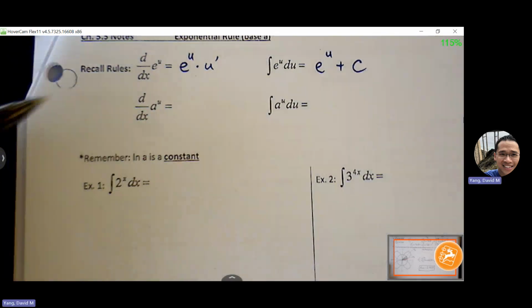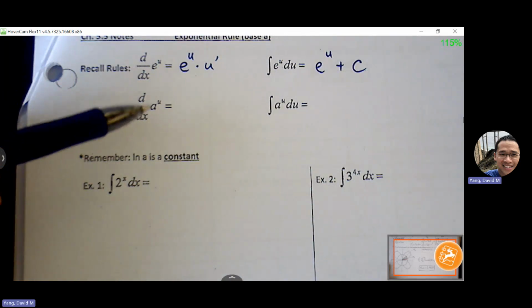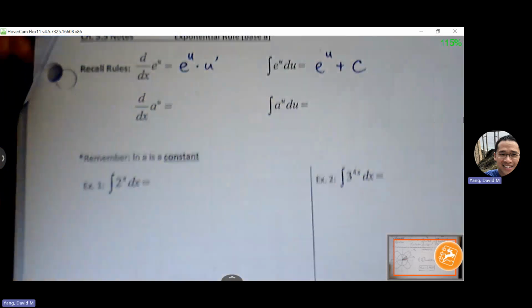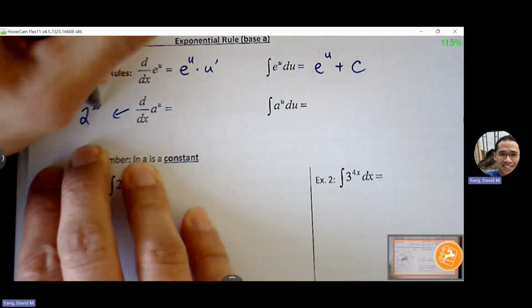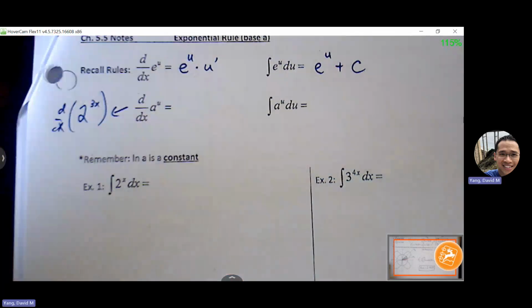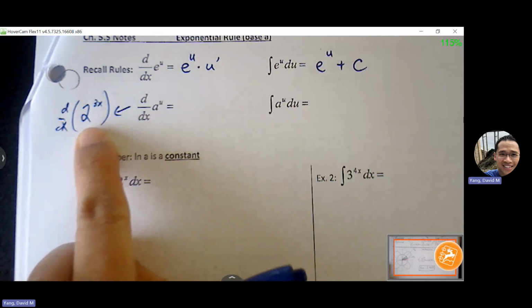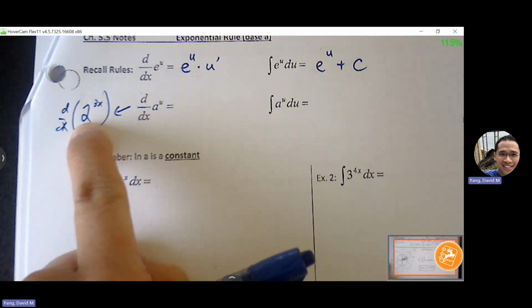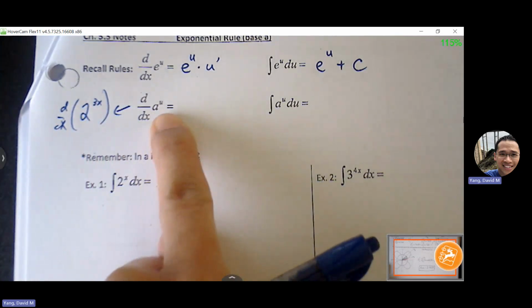Okay, from first semester we also learned about the natural log, or a to the u. A to the u is, for instance, something like 2 to the 3x. The idea of finding a derivative of an exponential function with a base other than e, could be 2, 4, or 6. Basically, if I have a constant base raised to a variable exponent, I'm going to use this a to the u rule.